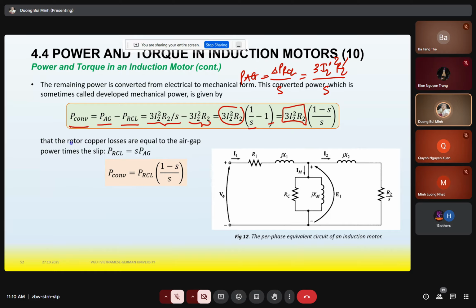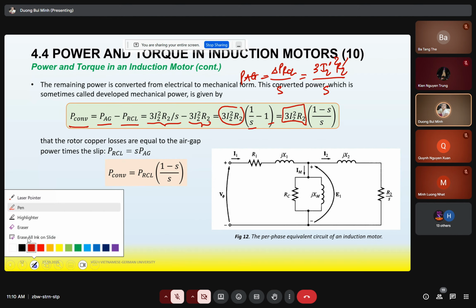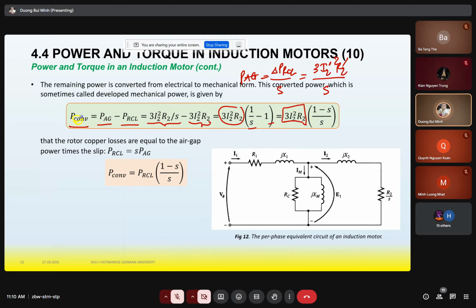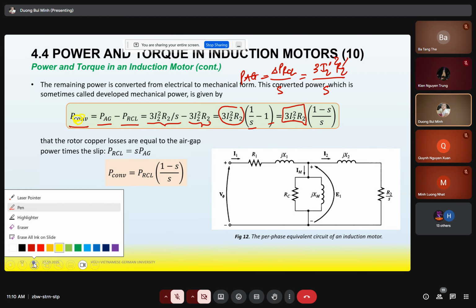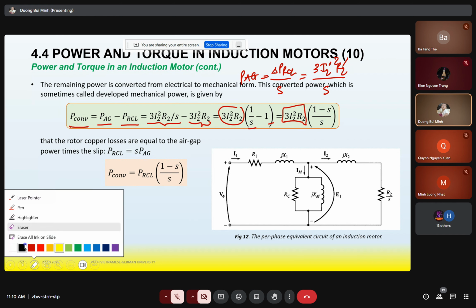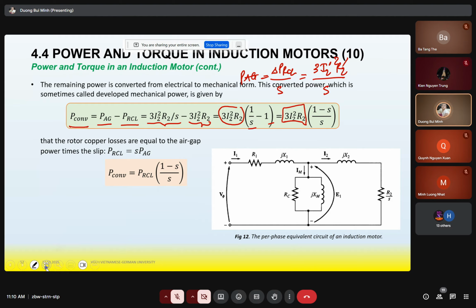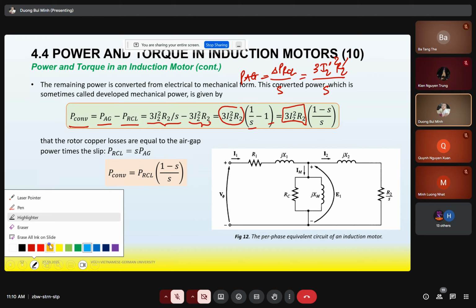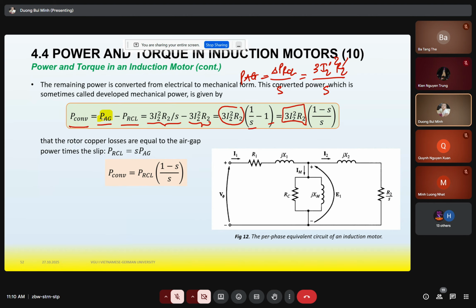Okay, so we have two ways to calculate the converted power. The first one, we calculate the converted power based on P_air gap minus delta P_RCL.